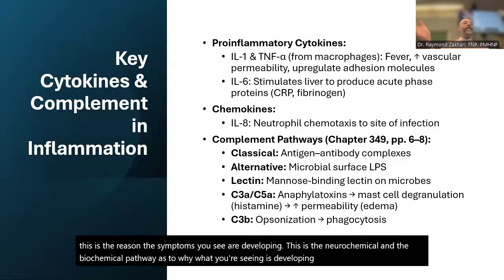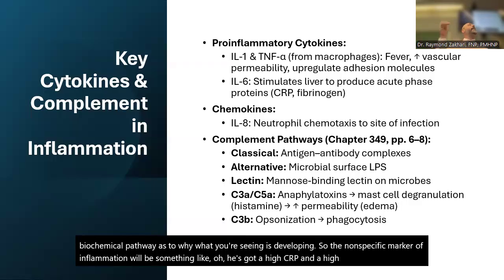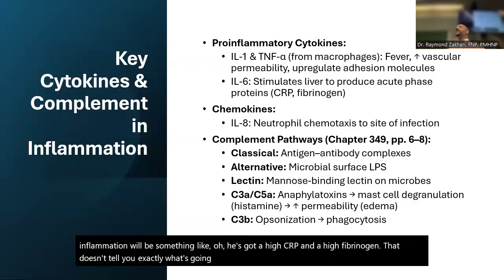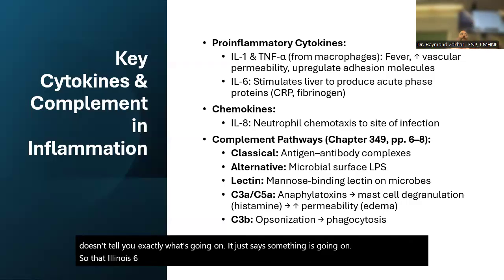So the non-specific marker of inflammation will be something like, oh, he's got a high CRP and a high fibrinogen. That doesn't tell you exactly what's going on. It just says something is going on, right? So you know that IL-6 is active for some reason. This is why people don't like to draw CRP and ESR, because it could be a whole lot of things going on.